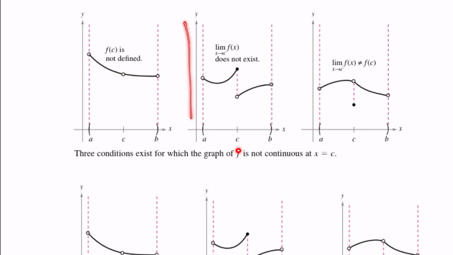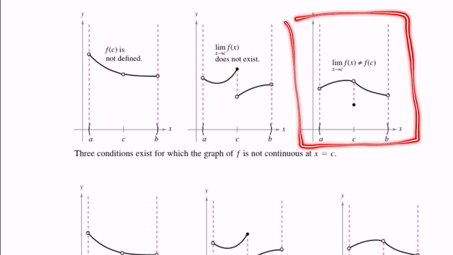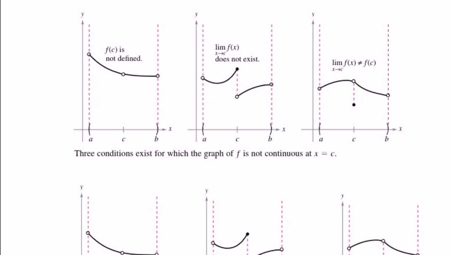Now, if you look at this second graph, also you realize that even though f of c is defined, there is a jump. And this jump makes the function not to be what? Continuous. So this function is not continuous as a result of the jump. Now, if you look at this graph, you realize that even though f of c is defined, again, there is a hole in our graph.